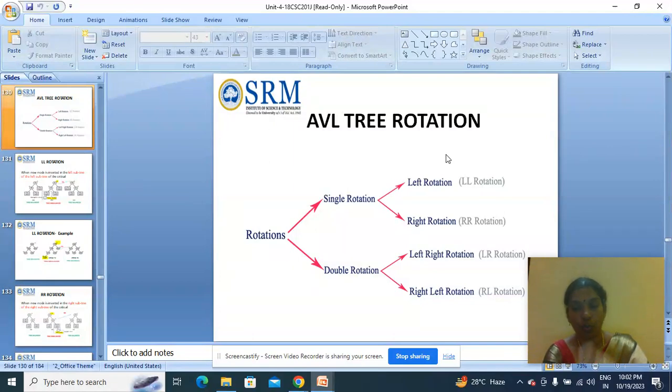So in one rotation, the node will be moved one position in the clockwise direction. That is the LL case. If it is the RR case, right subtree of right child, the node will be moved one position in the anti-clockwise direction. So these are the two single rotation cases.